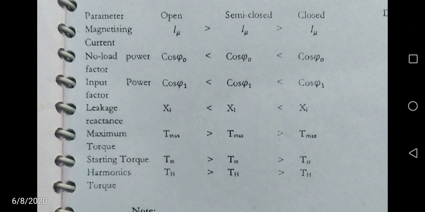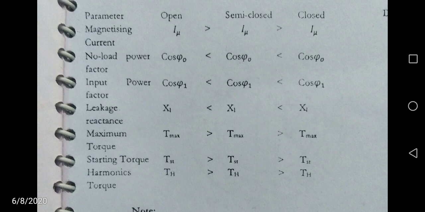So if you design any DC machine or AC machine or any machine, according to your requirement, if you use the open slot, then torque and currents are more. When currents are more, if you use the open slot, then that machine is a high rating machine.